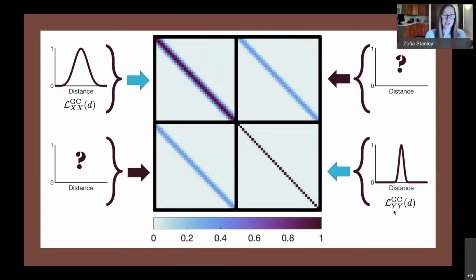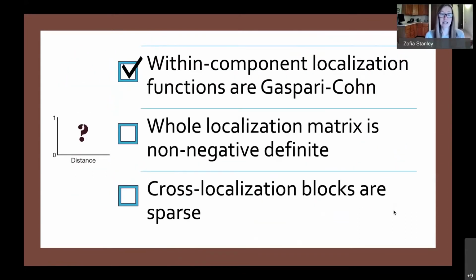The question that I'm really asking, to be more specific, is, if we fix the within-component localization functions to be the standard Gaspari-Cohn function that is widely used in data assimilation, then can we construct a cross-localization function such that this whole localization matrix, these 4 blocks all put together, is non-negative definite?